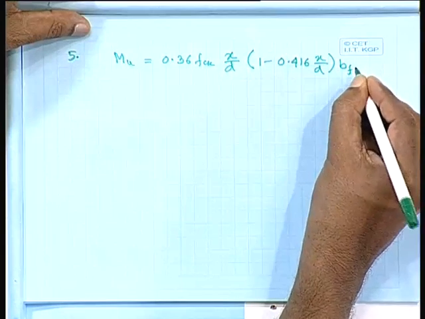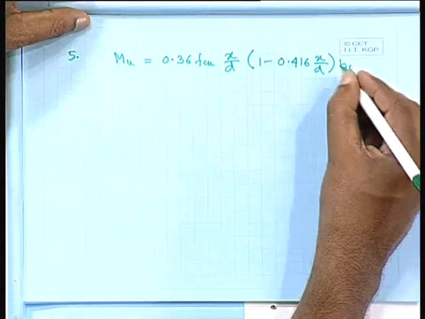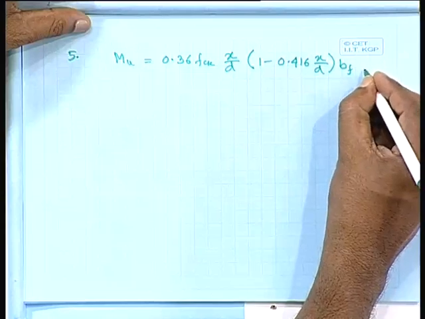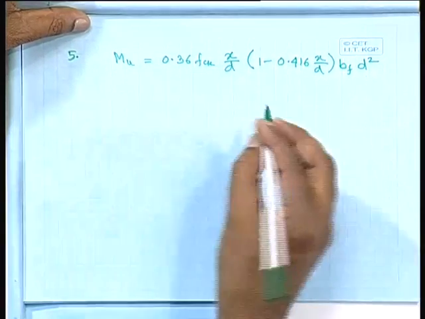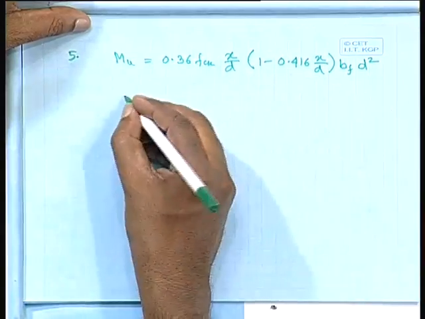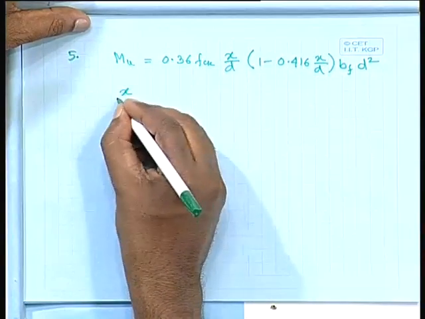Here in this case it is bf, because we are talking about a T beam. If we rearrange this, then we can get this formula.